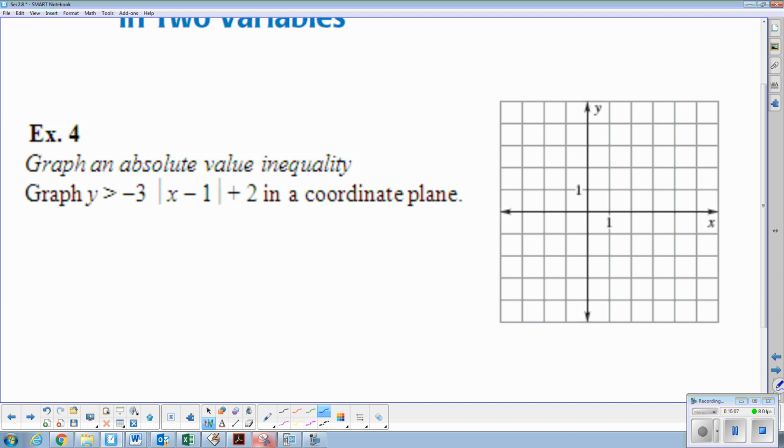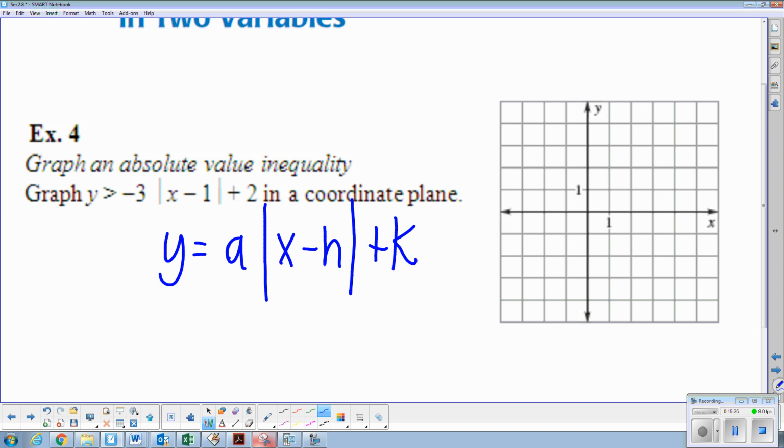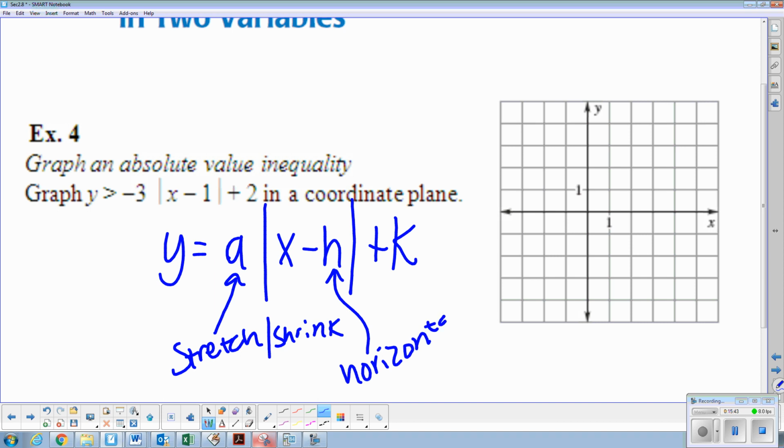So again, with our absolute value inequality, our general form for an absolute value function is y equals a times the absolute value of x minus h plus k, where our a is our stretch or shrink, our h is our horizontal shift, and our k is our vertical shift.